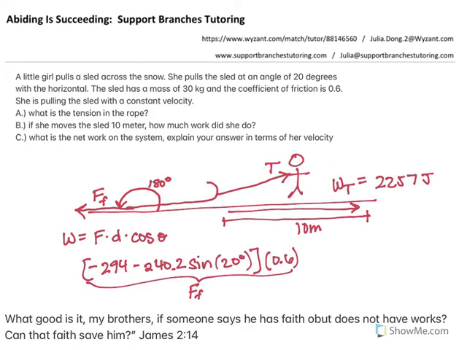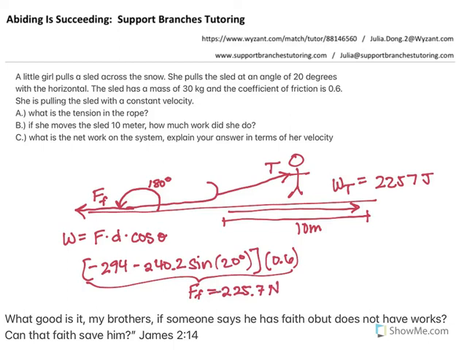Negative 294 minus 240.2 times the sine of 20 degrees times 0.6. We get the force of friction as being 225.7 newtons, and it's negative.